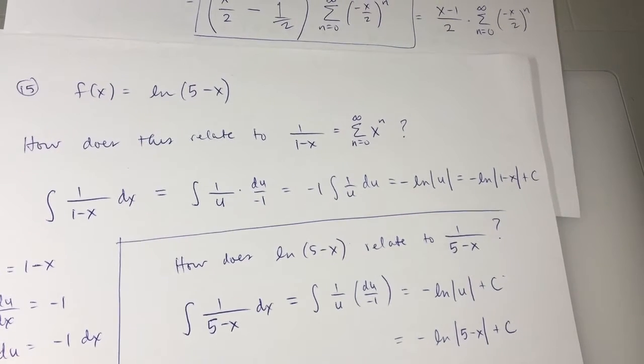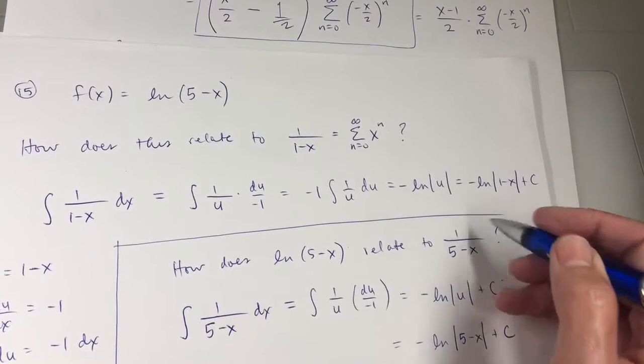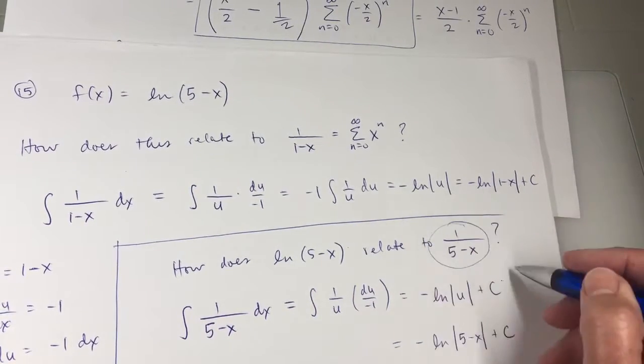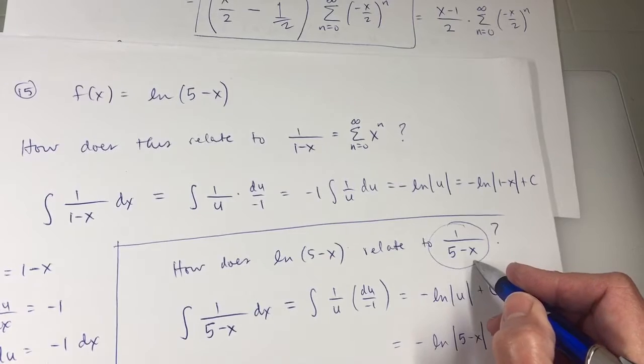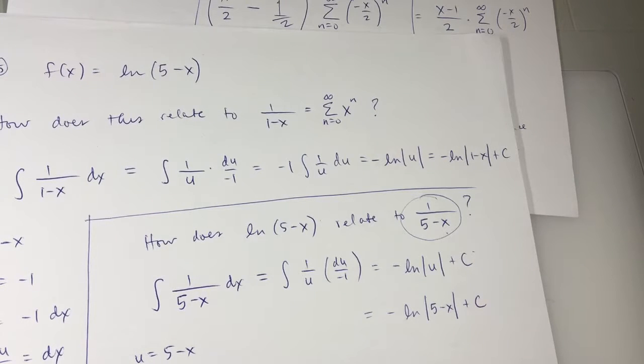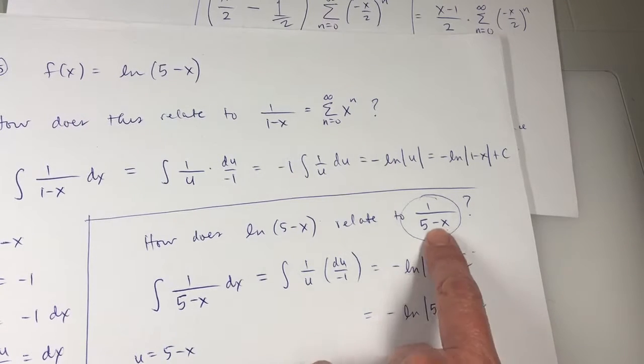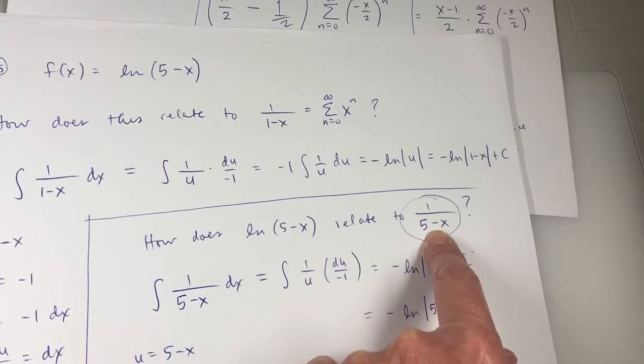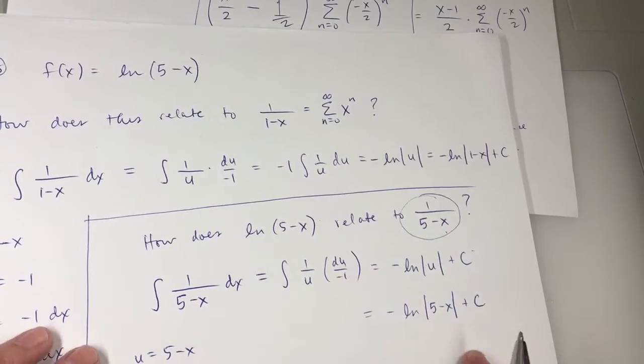So looking at this, if I can find a power series representation of 1 over 5 minus x, then I can do the integral of each term. I would have the negative of what they want, but then I can just change the signs. So this is what we would work from for problem number 15.